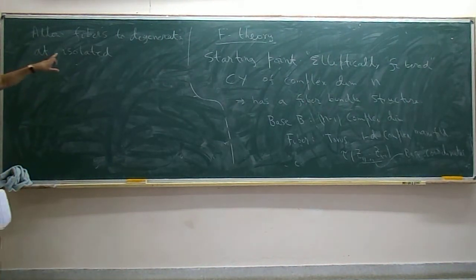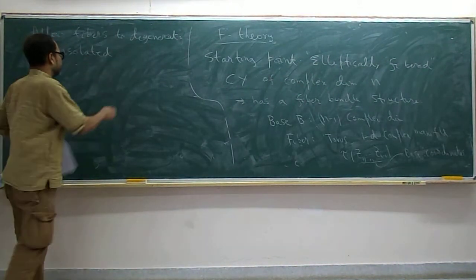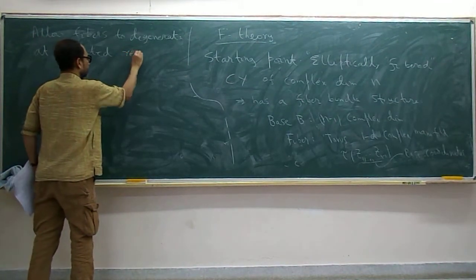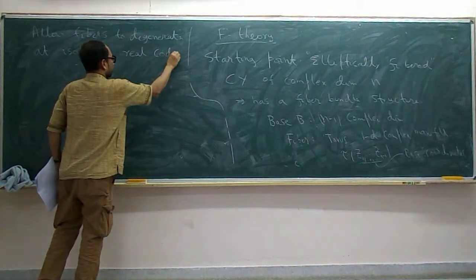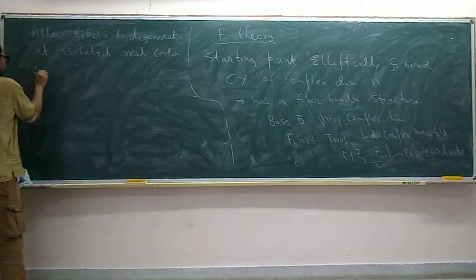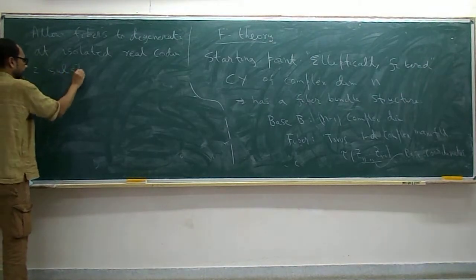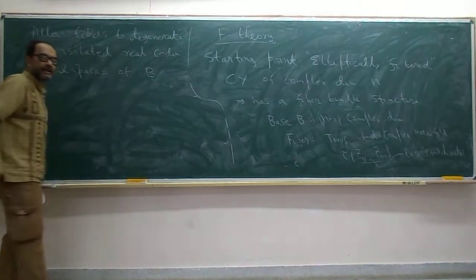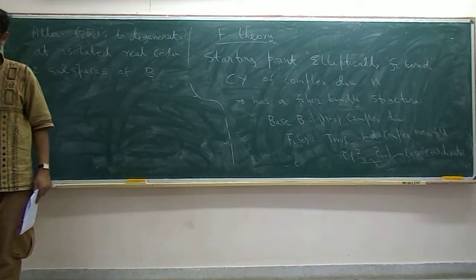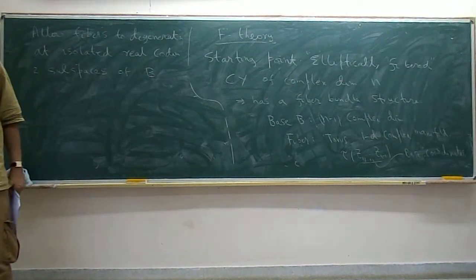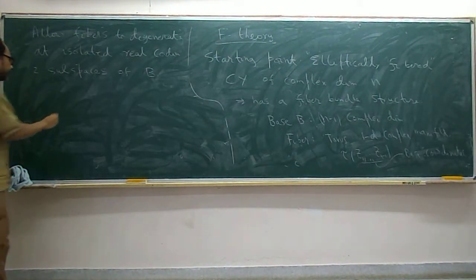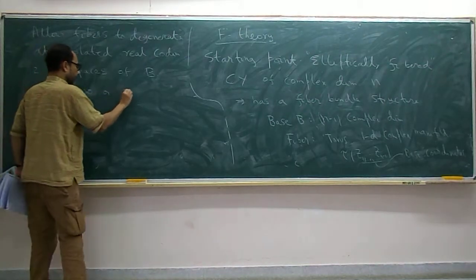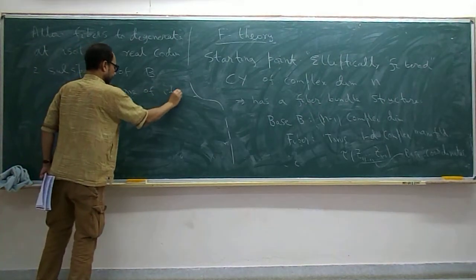But what I say is we will allow the fibers to degenerate on isolated real codimension 2 subspaces of B. So, for example, if B is a two-dimensional sphere, then we allow the fibers to degenerate. What do we mean by allowing the fibers to degenerate? That means that we let tau go to i infinity or one of its SL(2,Z) images.